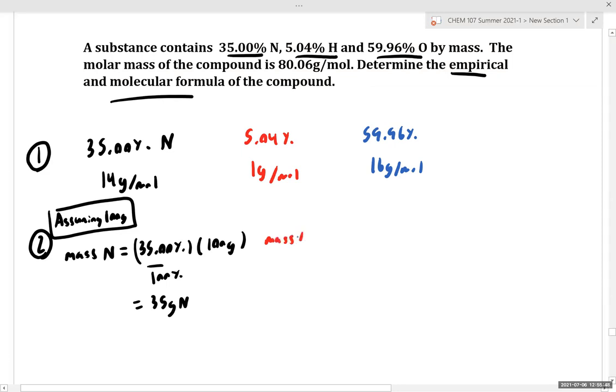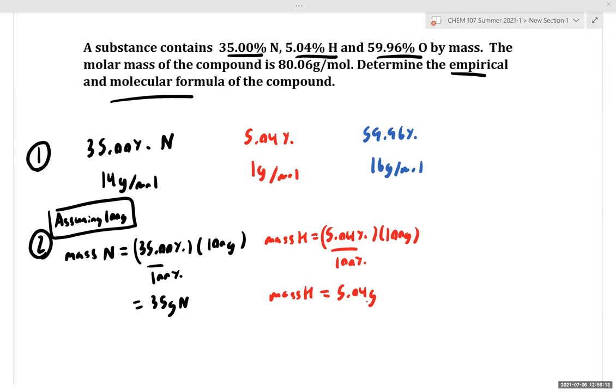We also have students sharing their mass of hydrogen as 5.04 grams. To show how the students obtained that value, they took the mass percentage over 100% times the total mass, which is 100 grams. That gives us a mass of hydrogen of 5.04 grams.